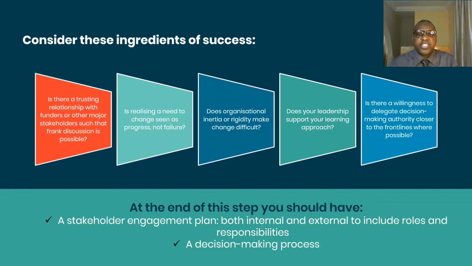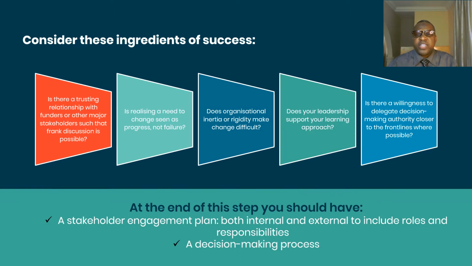You also need to ask whether organizational inertia or rigidity make change difficult. Organizations have established norms and values that have been built over time, and that sometimes make learning and changes very difficult. Does your leadership support your learning approach? Again, organizational learning culture is critical to learning and responsive feedback.